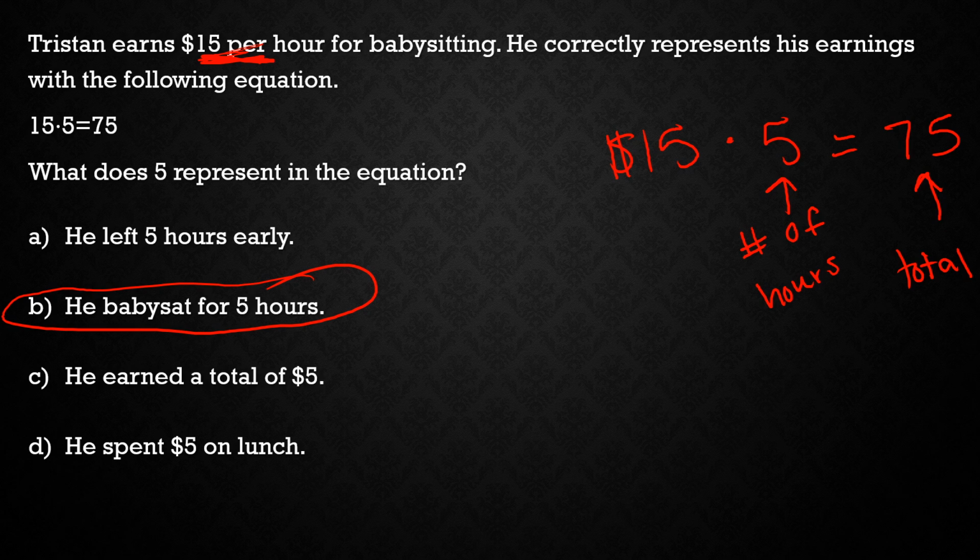That would be a really good deal for whoever's paying him, but not a good deal for Tristan. The $5 he spent on lunch, that doesn't really make sense here because, well, he's babysitting, and he left 5 hours early. I hope that Tristan does not leave 5 hours early, otherwise he would not probably be getting another babysitting job soon. So this answer here is the one that makes the most sense. It is also correct.